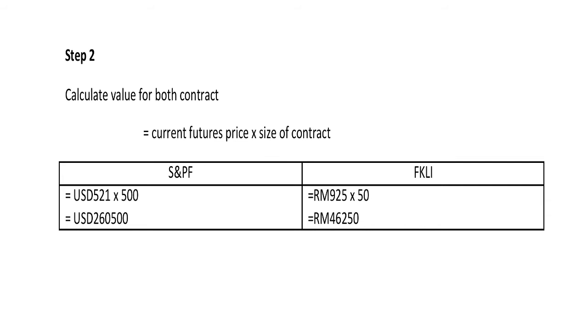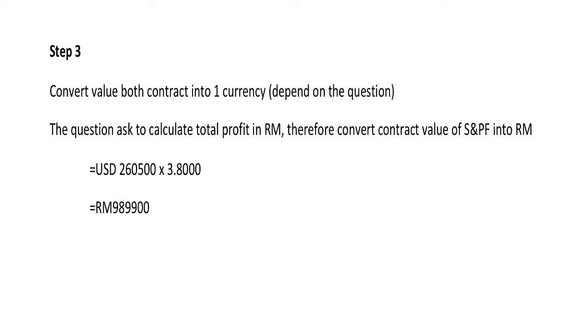For FKLI, the current price is 925 times size of contract 50 ringgit. The 50 ringgit is stated in the contract specification of FKLI, and you need to remember the size of contract for FKLI, 50 ringgit per contract. So you get 46,250 ringgit.